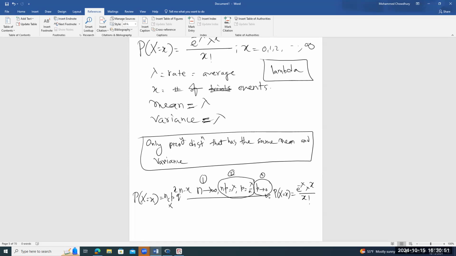This distribution did not come like one day someone woke up from sleeping and then wrote these things and said that this is the distribution. No, it did not happen that way. There is a binomial distribution. On the binomial distribution, some limiting conditions are applied, then this was developed.